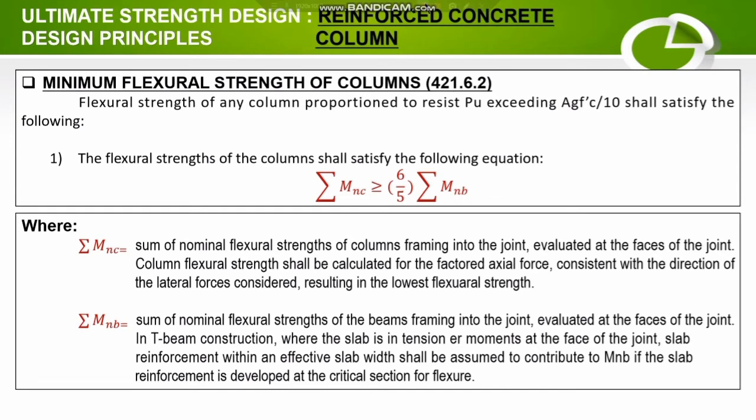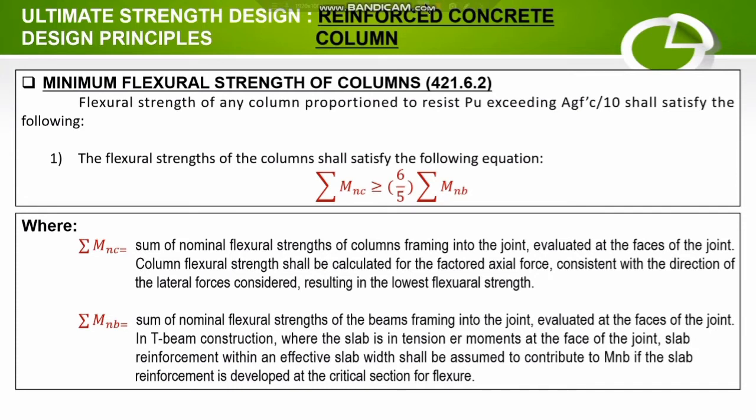Still in the design principles, for minimum flexural strength of columns, in section 421.6.2, the flexural strength of any column proportioned to resist Pu exceeding Ag f'c over 10 shall satisfy the following. 1. The flexural strength of the columns shall satisfy the following equation.